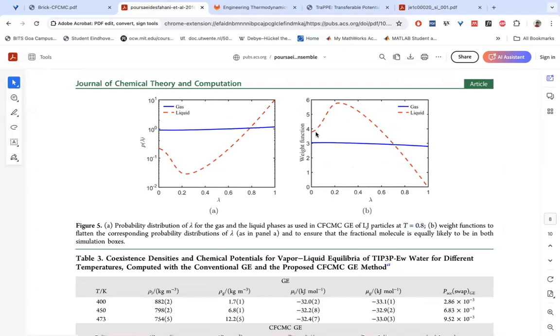And you see that the weight function here is pretty smooth, and you have a weight function that looks like this. Now, they have the gas phase and the liquid phase, and you see that the weight function is pretty smooth for the liquid as well as the gas phase. Now, the weight function is in units of kBT, which means that you have huge energy barriers corresponding to the liquid system.